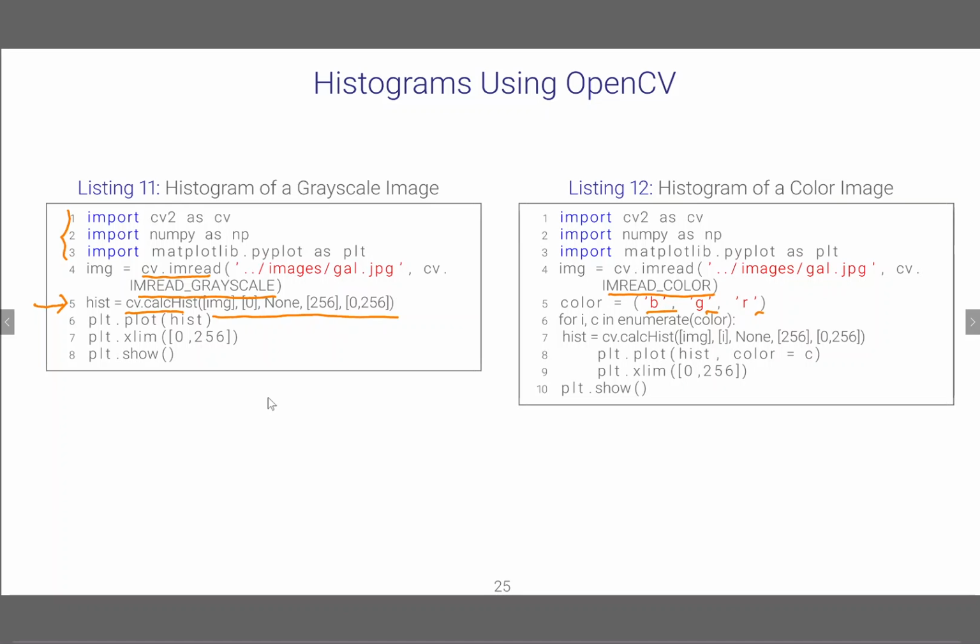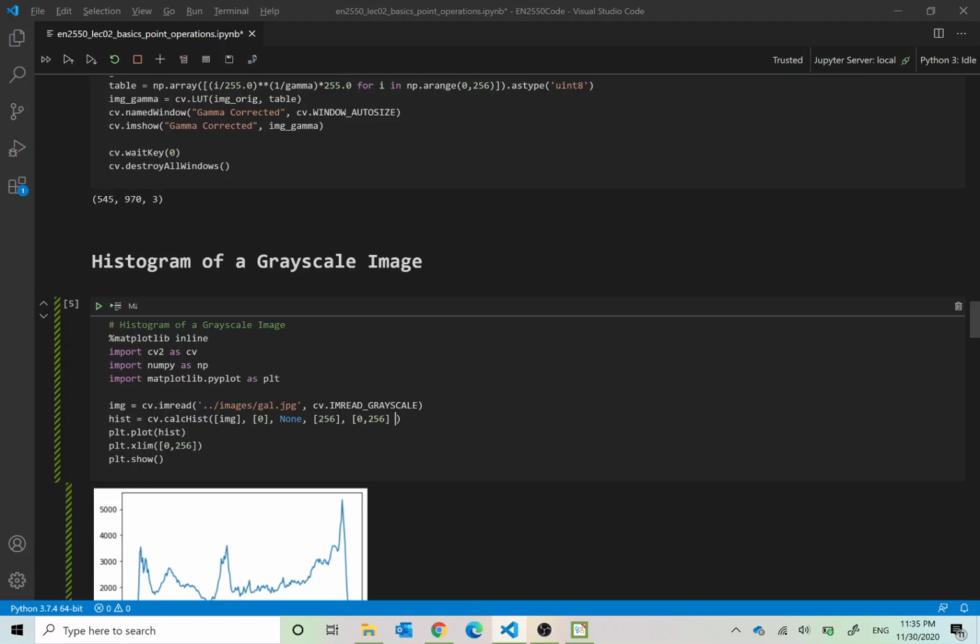So for i, c in enumerate(color), we get the three colors, and now histogram = cv.calcHist with image, i, which is the index of the plane, and then you have the histogram, and then you plot it using that particular color. This is the way to get the color histogram.